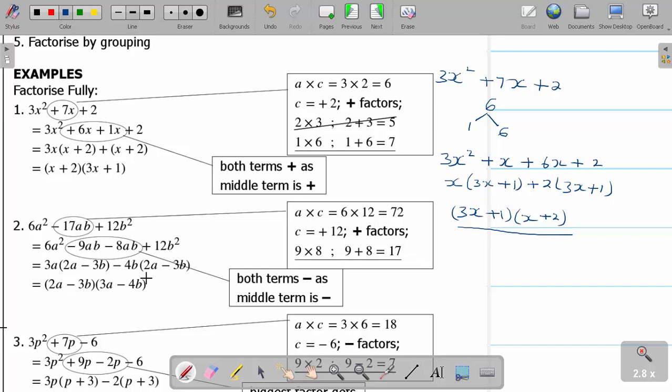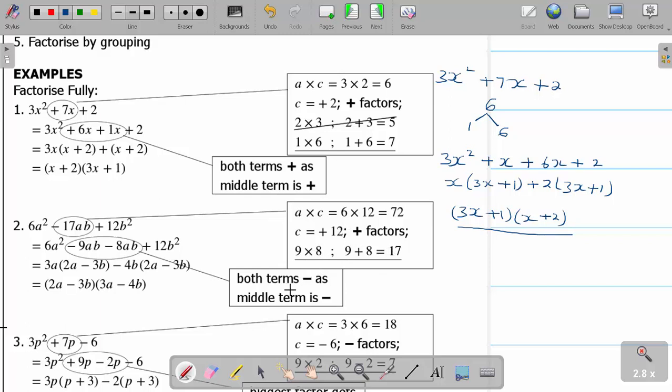Because the middle term is negative, both terms are going to be negative, because negative 9 times negative 8 gives us positive 72.